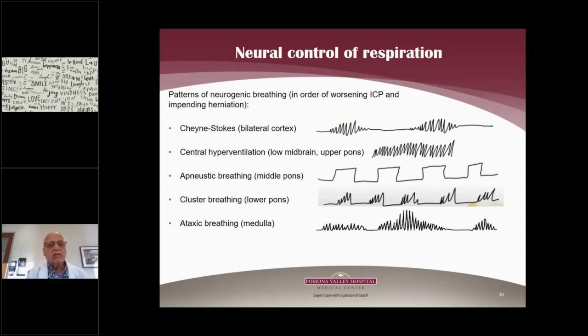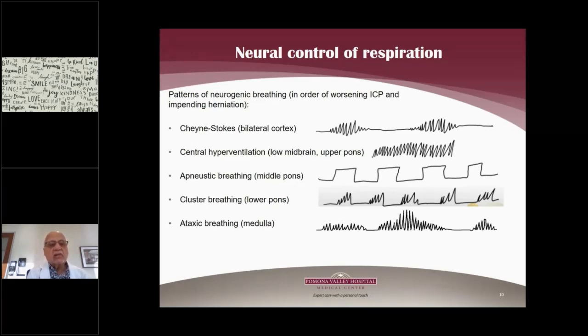One of the most common ones is Cheyne-Stokes respiration. Usually this is seen in bilateral cortical injury. It is also seen in other scenarios with patients who have underlying cardiac disease or poor cardiac function. But in a neuro ICU, this is the common pattern seen with cortical injury, cortical trauma or strokes.